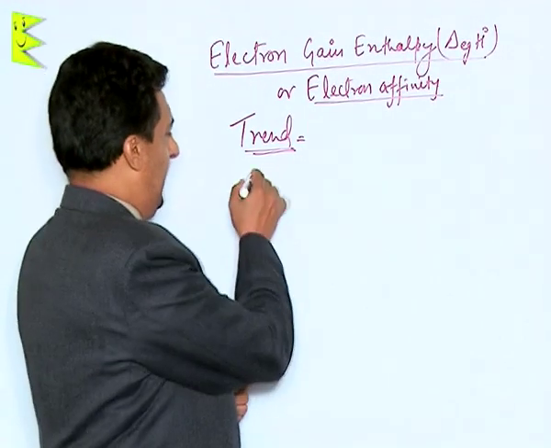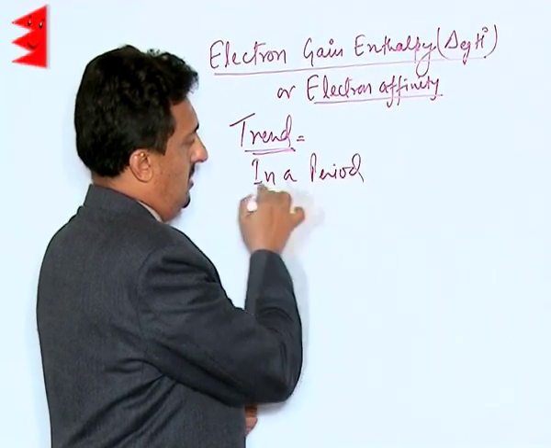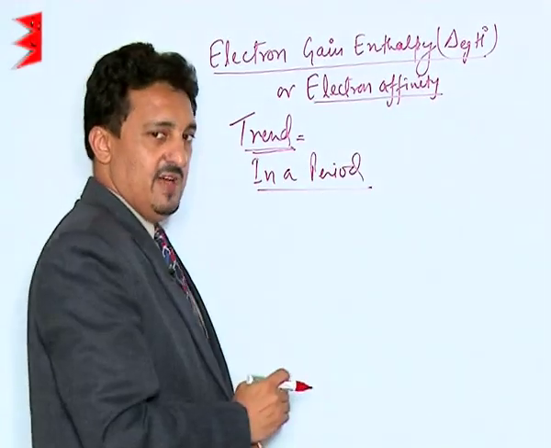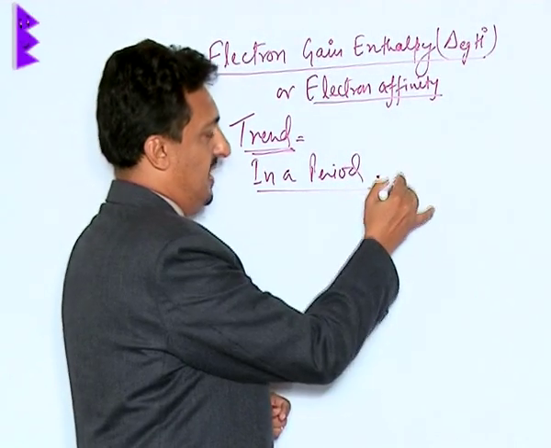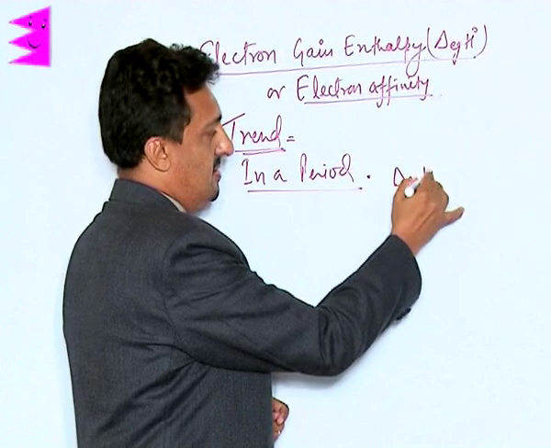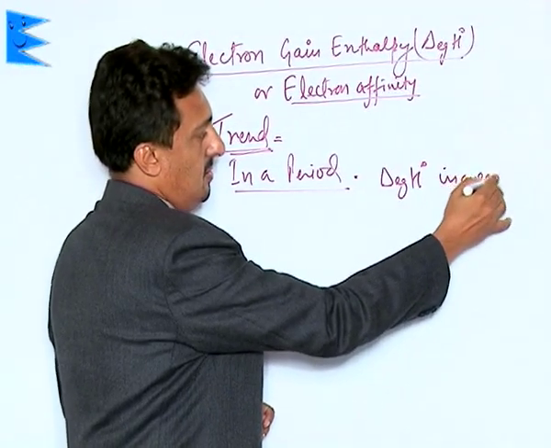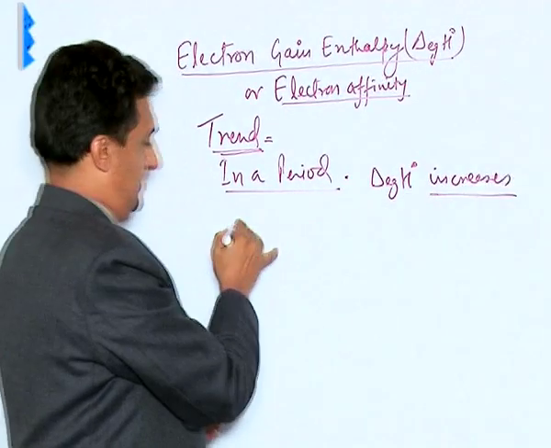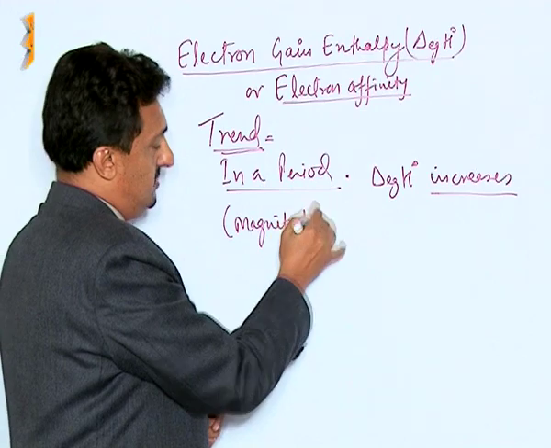So it is mainly the atomic size and the nuclear charge which affect its general trend. Now, in a period from left to right, since the atomic size decreases, the electron gain enthalpy increases. I'm talking about magnitude.